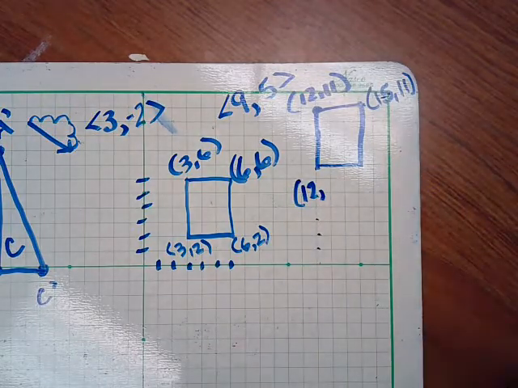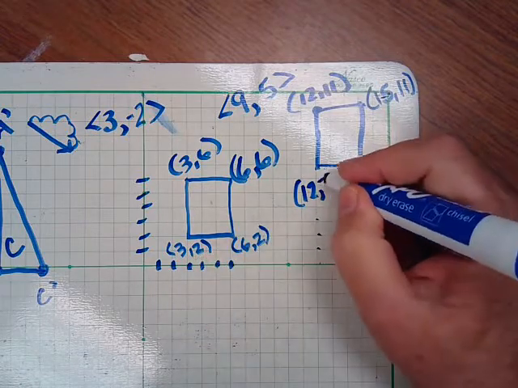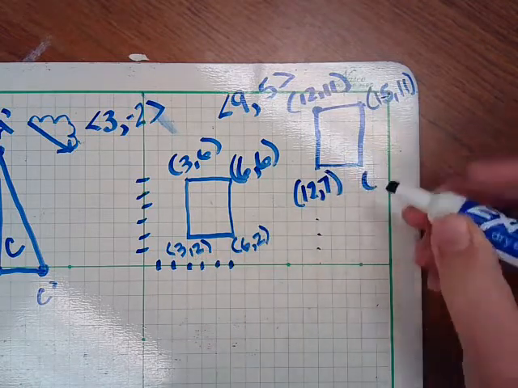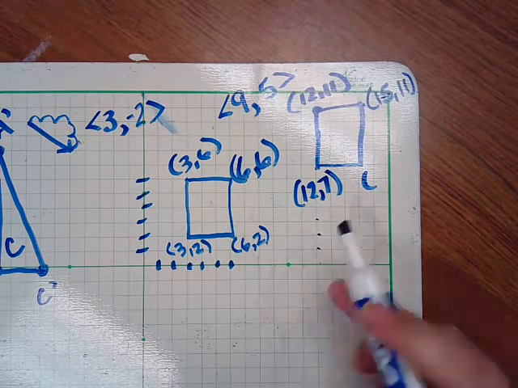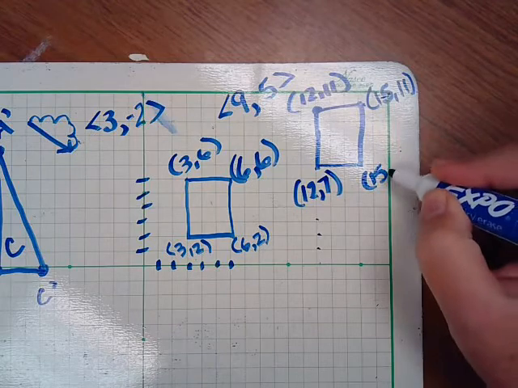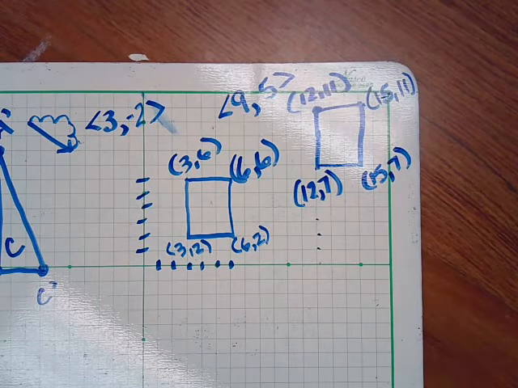That's a 2, not a 12. Sorry, that's a comma in there. So up 5 would be 7, so that's 12, 7. And then this one, over 9 would be 15, and up 5 would be 7. So this one's at 15, 7. Okay? So that's how you do the problems that are in your assignment for this week.